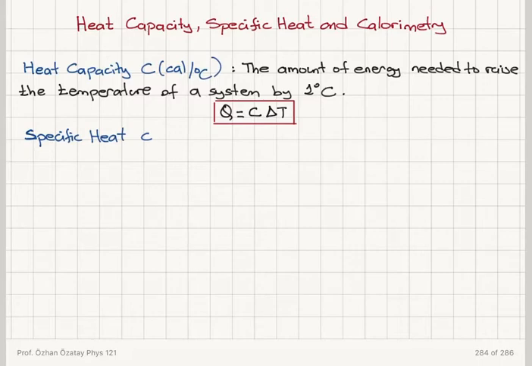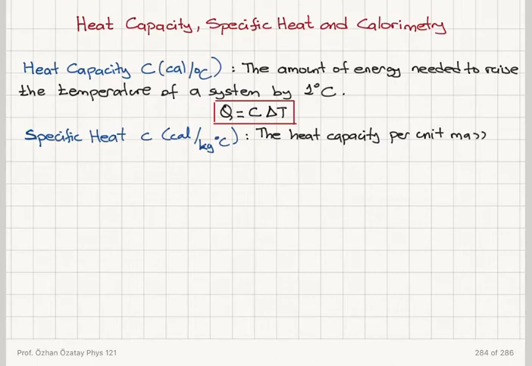It's calories per kilogram degrees Celsius, for example. That's the unit. It is the heat capacity per unit mass.